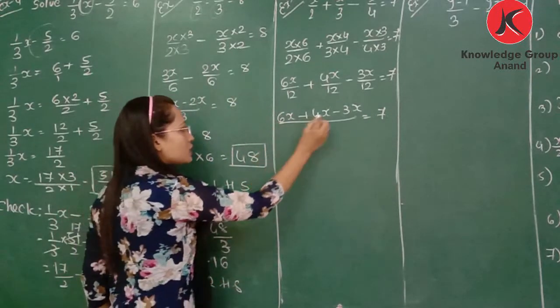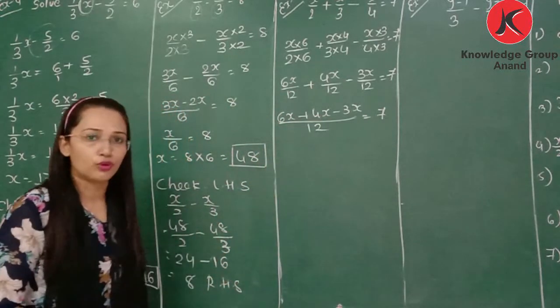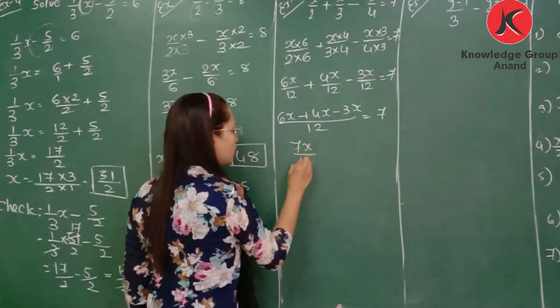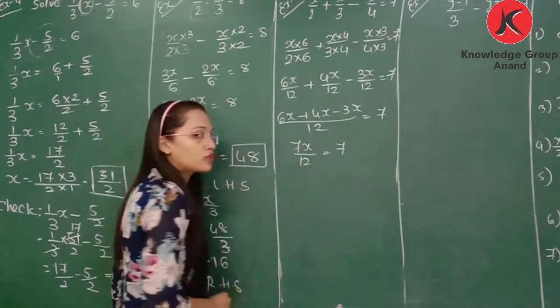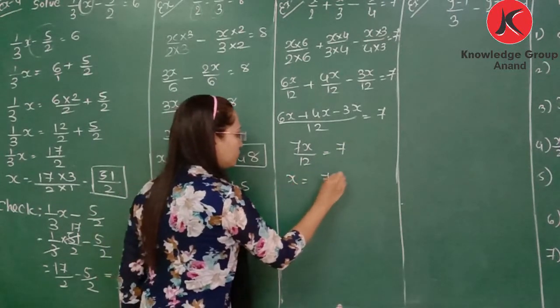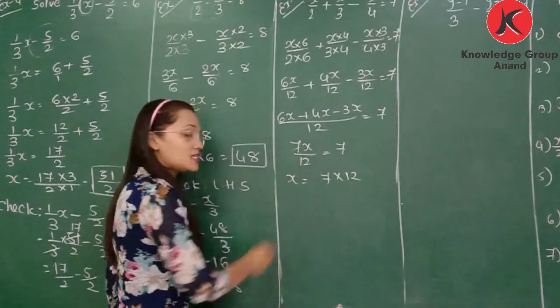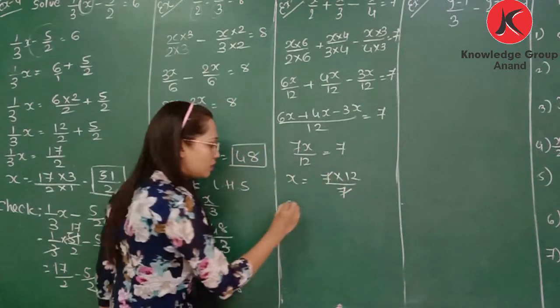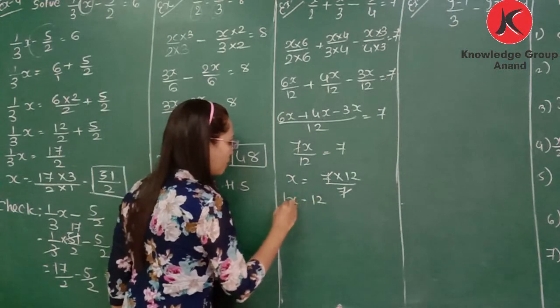Now 6x plus 4x, 6 plus 4 that is 10. 10 minus 3 is 7x by 12 is equal to 7. 12 that is in a divide becomes multiplication and 7 that is in a multiplication becomes division. So you can cancel out 7 here. x is equal to 12.